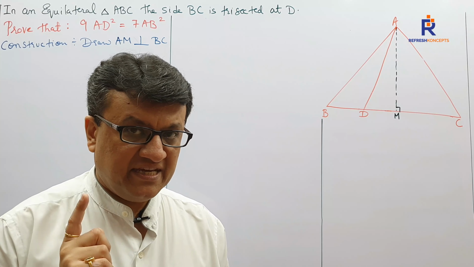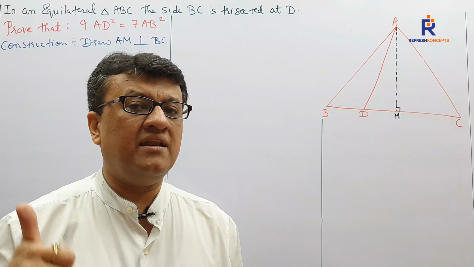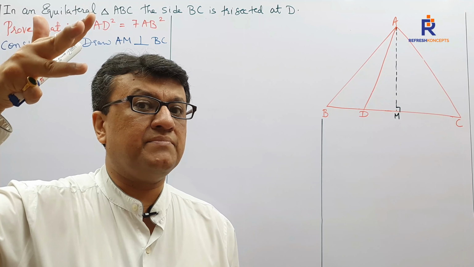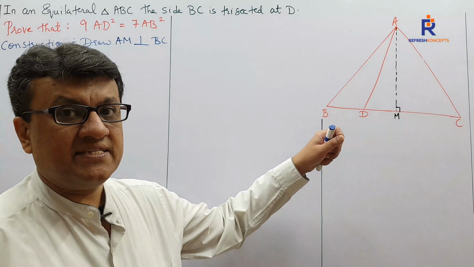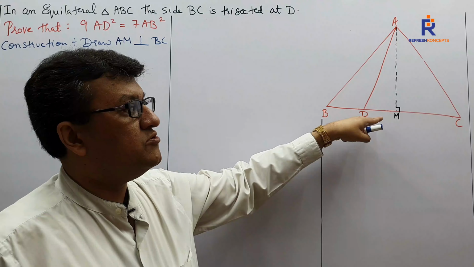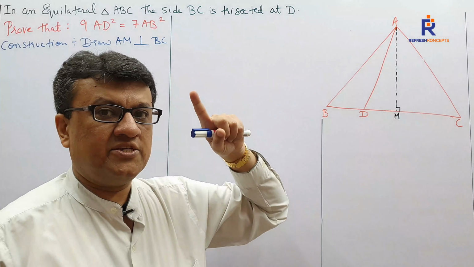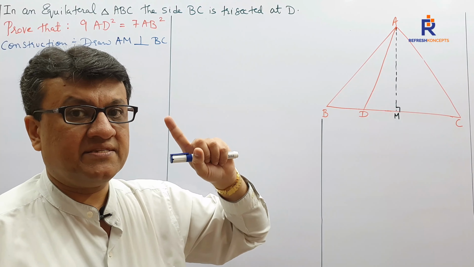I repeat, only in the case of an equilateral triangle, the altitude, angle bisector, perpendicular bisector, and median are the same. Why am I emphasizing this? Because we have said AM perpendicular to BC. So it's an altitude. My altitude and my median is the same.